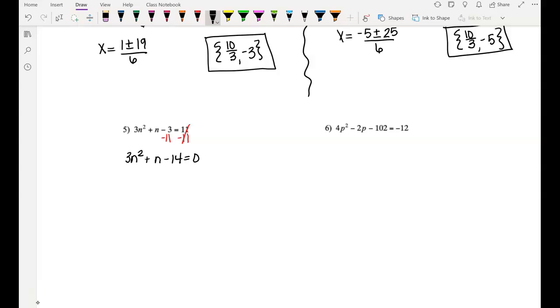Because I can't do the substitution until one side is equal to 0. That's how I'll find my intercepts. Now that I have moved that 11 over, a is 3. Since there's nothing in front of the n, it's a positive 1. And c would be negative 14 in this case.